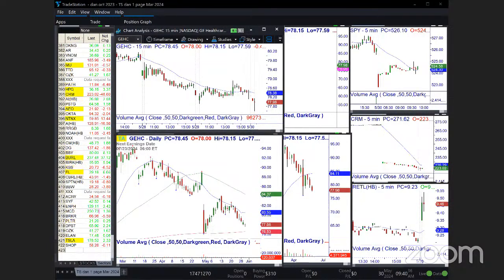Path is still tanking. I don't know what they said or didn't say. SPX poked under 5250 and popped back up again.